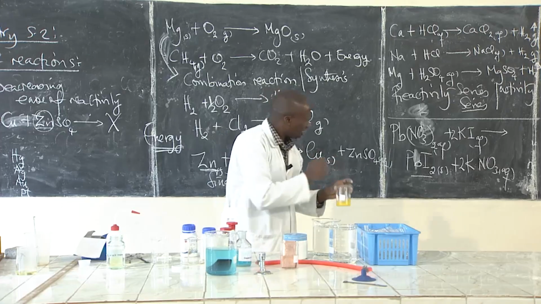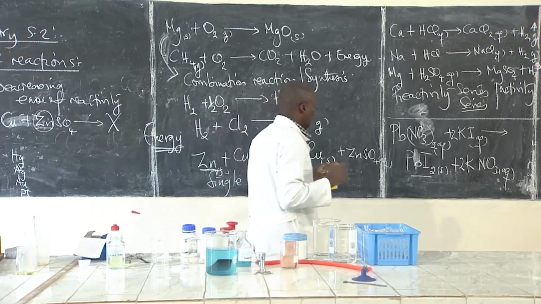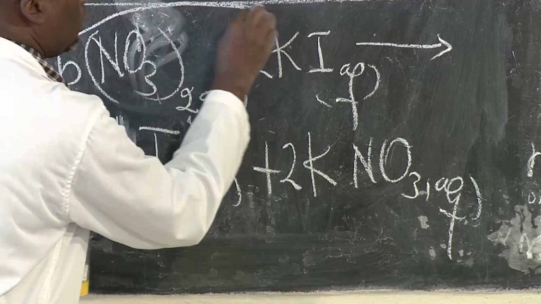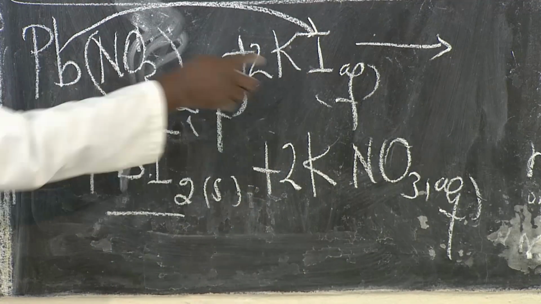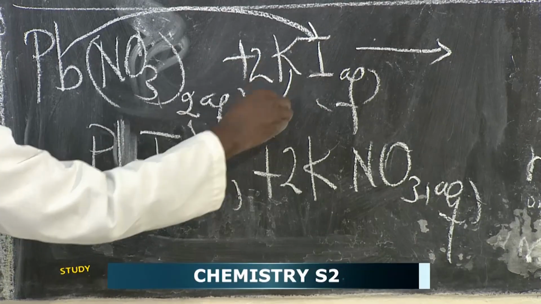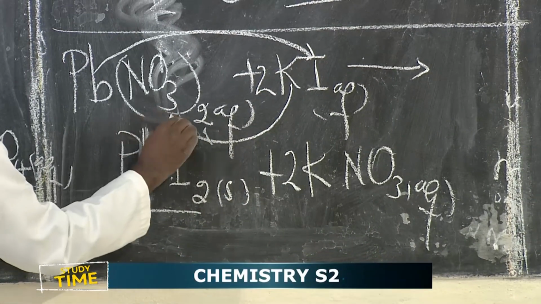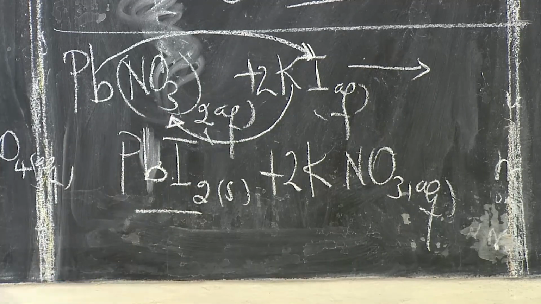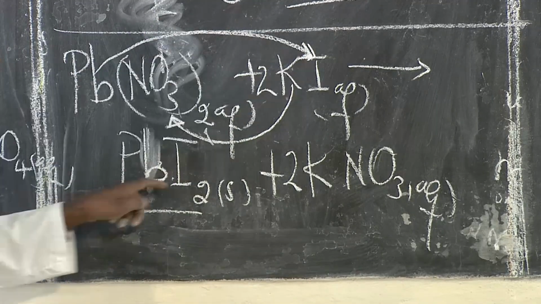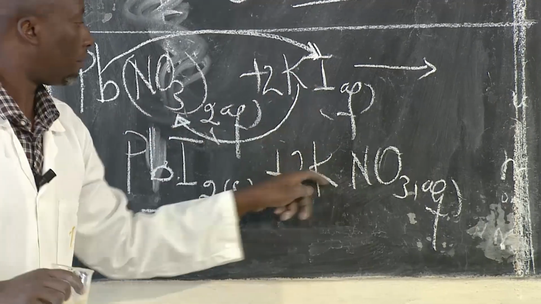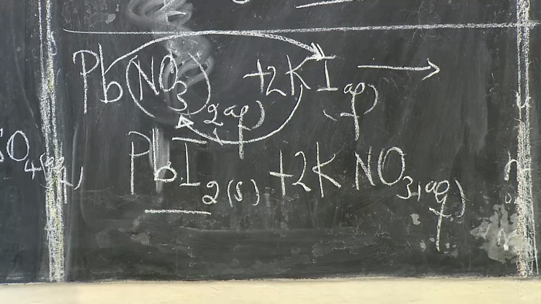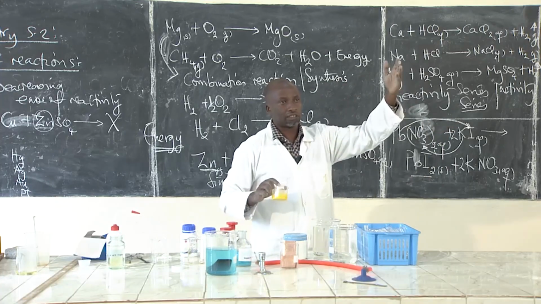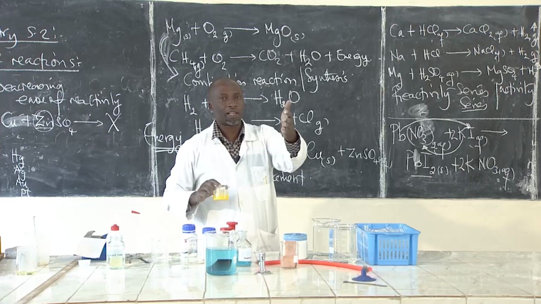So when you look at this reaction, please, can you take a look at this reaction? See what is happening. You see this lead combining with the iodide ions. And then you see the potassium combining with the nitrate ions. And then it forms lead iodide and then potassium nitrate. For those that probably have covered this, you still remember this type of reaction?